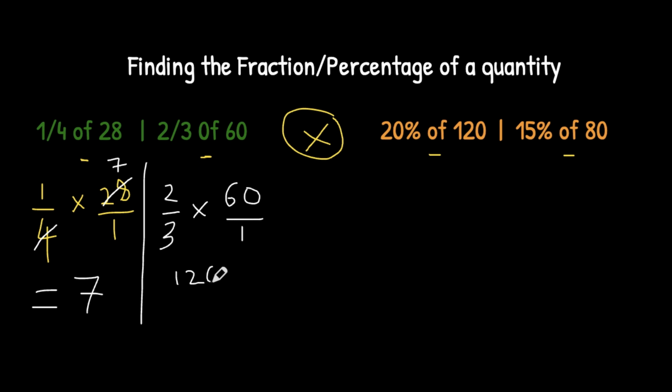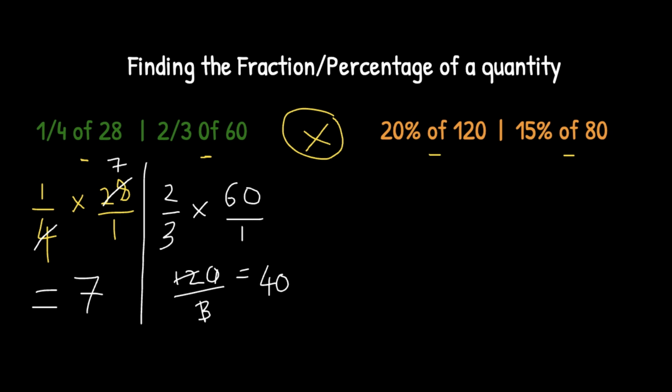Then 120 divided by 3. 3 goes into 12 how many times? 4 times. 3 goes into 0, 0. So 2/3 of 60 is 40. If we were using the other method, we would have done 3 goes into 60 how many times? 3 goes into 60 20 times. Then 20 times 2 is 40. It gives the exact same answer.